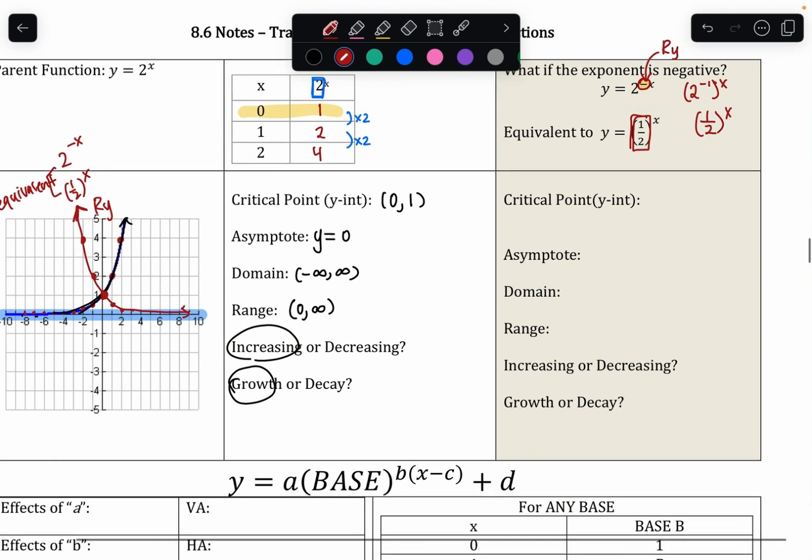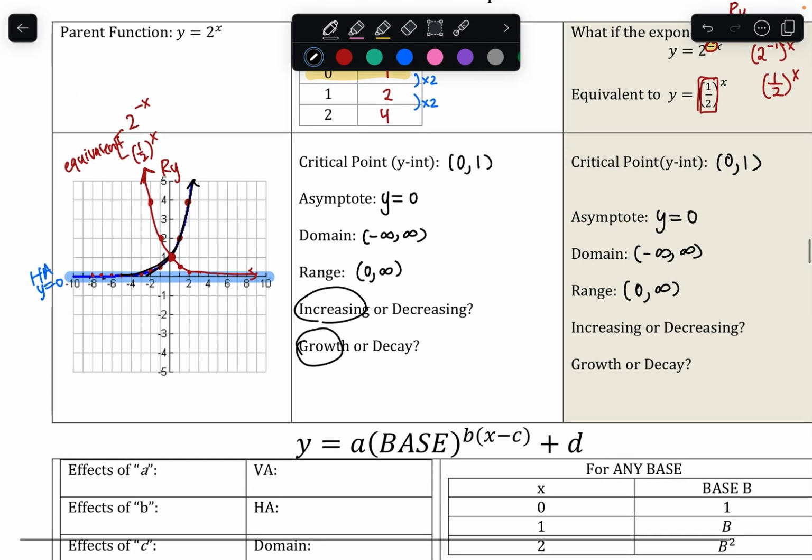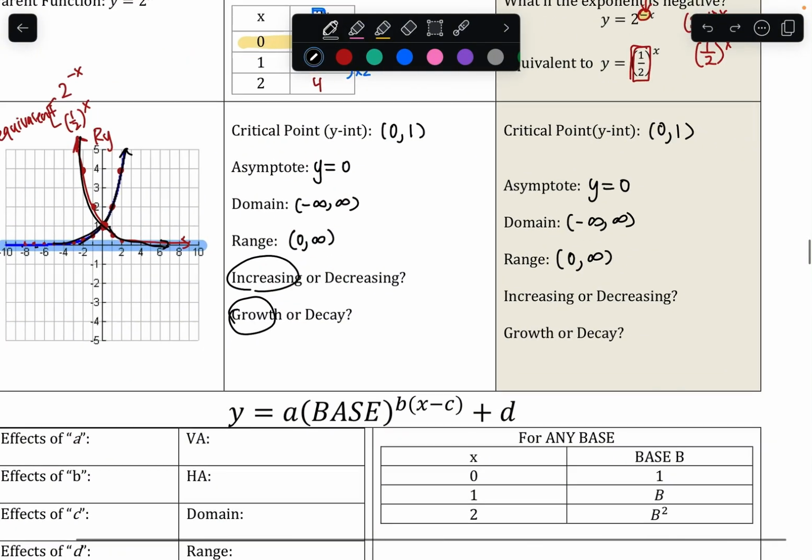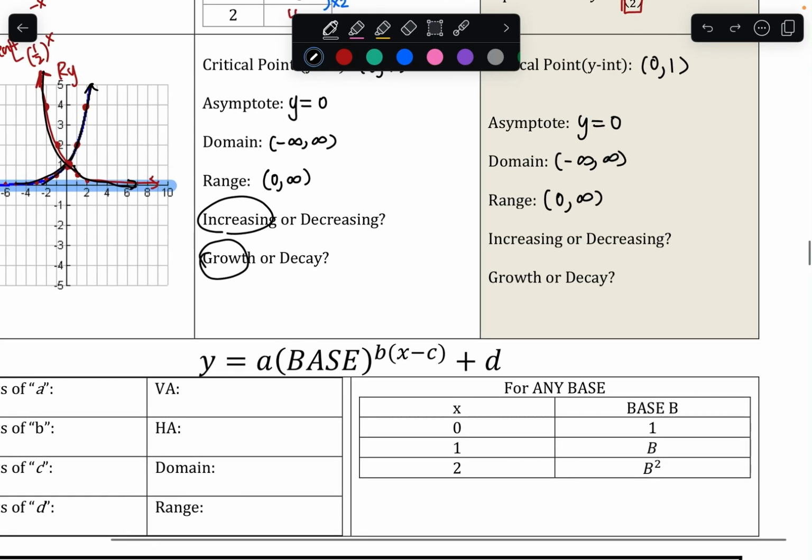Okay, and so our critical point is still 0, 1. The asymptote is still y equals 0. Domain still all real numbers. Range is still above the 0. Okay, just because we reflected it across the y-axis, it's going towards the asymptote as we go to the right, but it's still strictly above it. And so the range is the same.